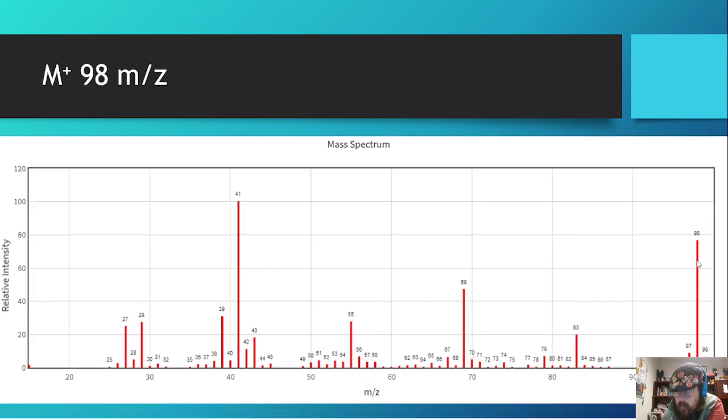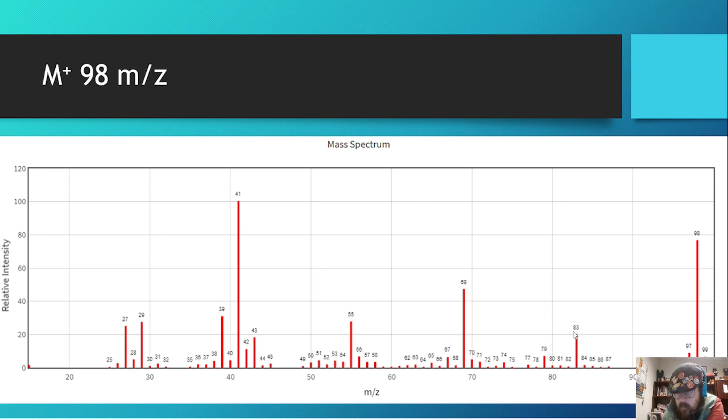There's another one with a molecular ion peak of 98. A pretty decent size M plus peak, M plus 1 peak, but still not very big. Just looking at this, we've lost 15 to get down to 83. We've lost another 14 to get down to 69.